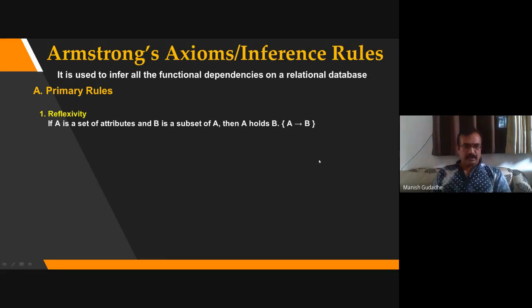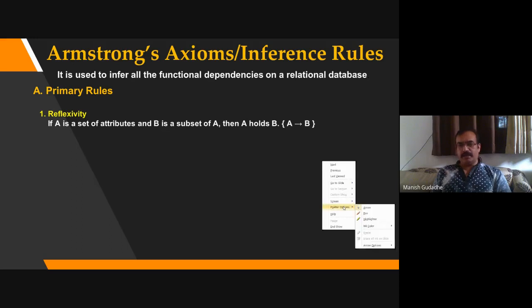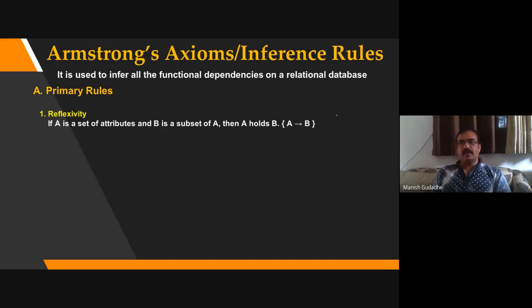Reflexivity rule says if A is a set of attributes and B is a subset of A, then A can determine B. Just now whatever I said, if this is A, X, Y, Z, then this can determine X, this can determine Y, this can determine Z, because these are the known values.